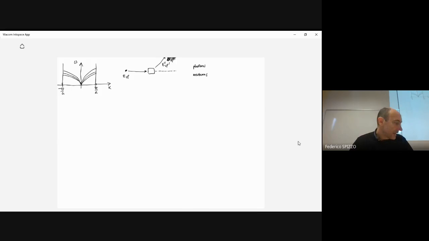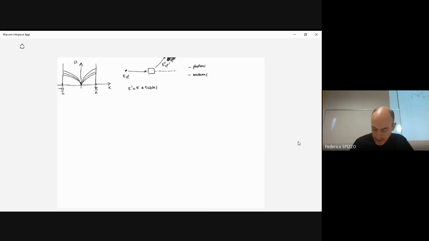Which is the best for this purpose? One has to make reference to energy conservation. The energy of the particle after the interaction is equal to the energy of the particle before the interaction, plus or minus a phonon energy, depending on absorption, plus sign, or emission, minus sign.